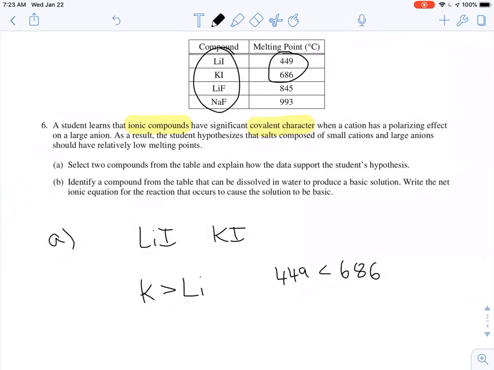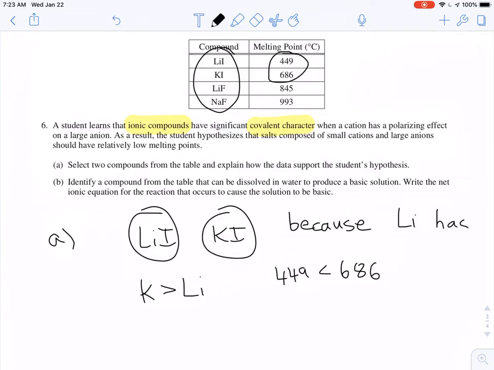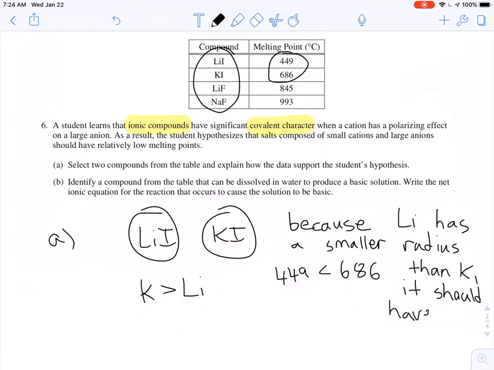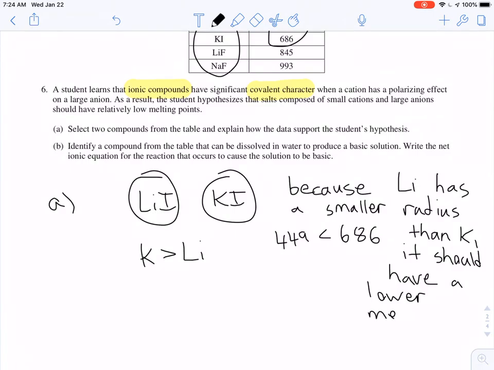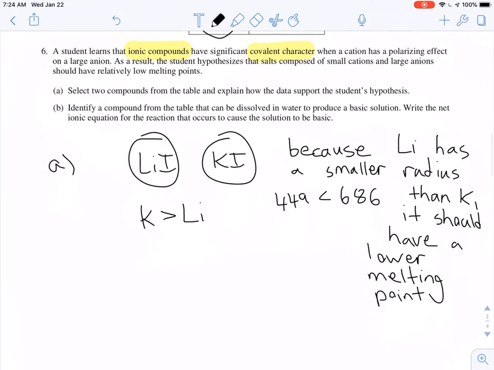So our 2 compounds are lithium iodide and potassium iodide, and we can say because lithium has a smaller radius than potassium, it should have a lower melting point, which it does. Now we can move on to part B.